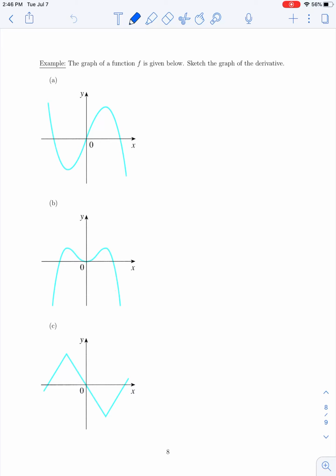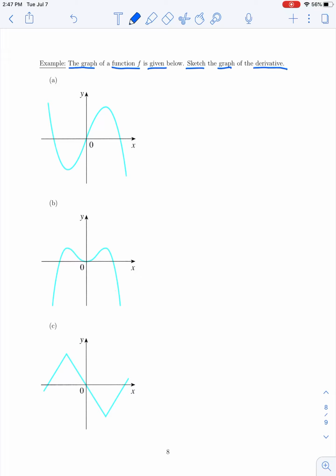So in this example, we are given the graph of a function f. So here the graph of some function f is given. And the problem is to sketch the graph of the derivative of this function. Now, in this example, we have a problem that's a little bit different from what we've been considering.